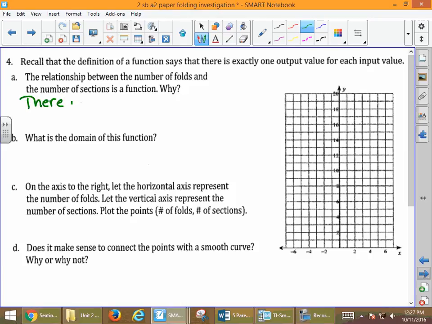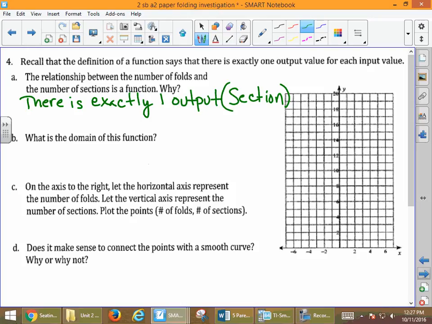Well, there is exactly one output, which in this one we're comparing the number of sections. So our output is going to be the section.